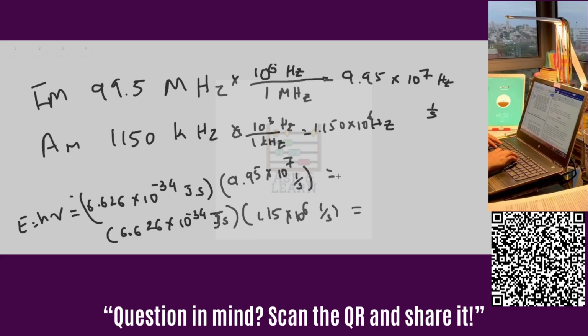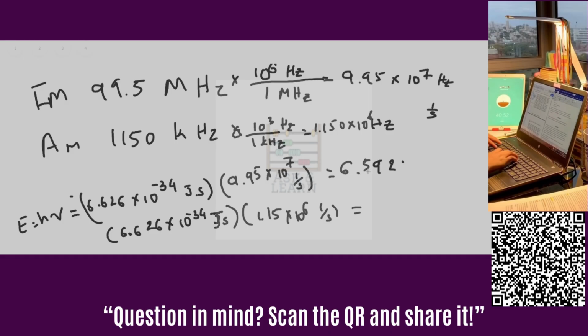Let's solve these. 6.626 times 10 to the negative 34 times 9.95 times 10 to the 7, we're going to get 6.5928.